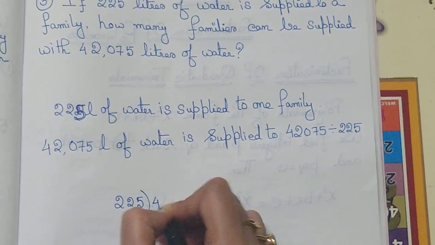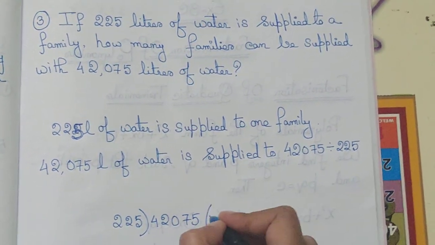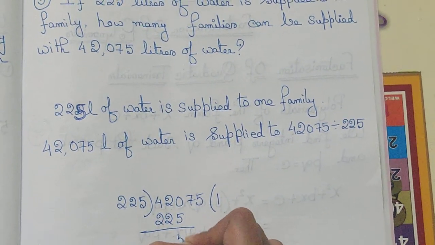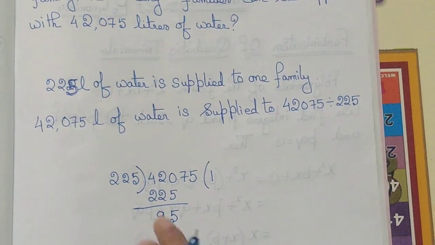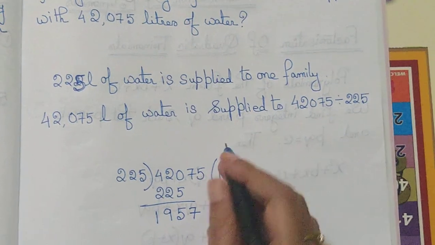225 into 42075. Now 1 two-twenty-five is 225, 195. 7 will come down.